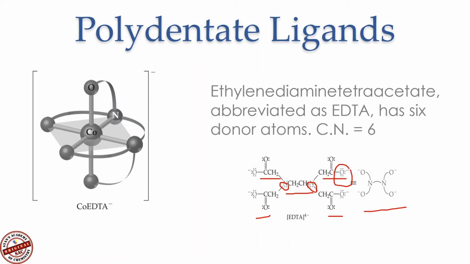For that reason, this is a standard titration available in chemistry labs for the determination of hardness of water. So again, this is another polydentate ligand where we have 6 lone pairs coming from a single molecule.